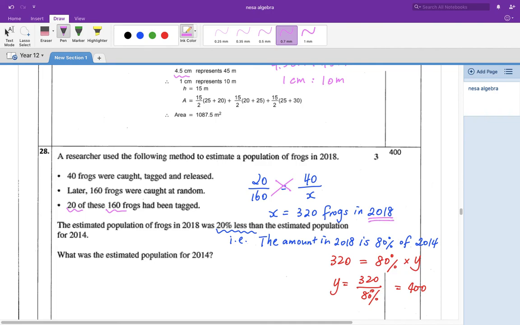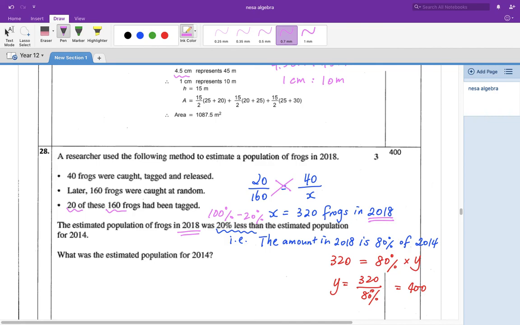But it tells you in 2018, this amount is 20% less than the estimated population for 2014. So if 2018 is 20% less, that means the amount in 2018 is 80% of the 2014 population, because what I did is 100% minus 20%.